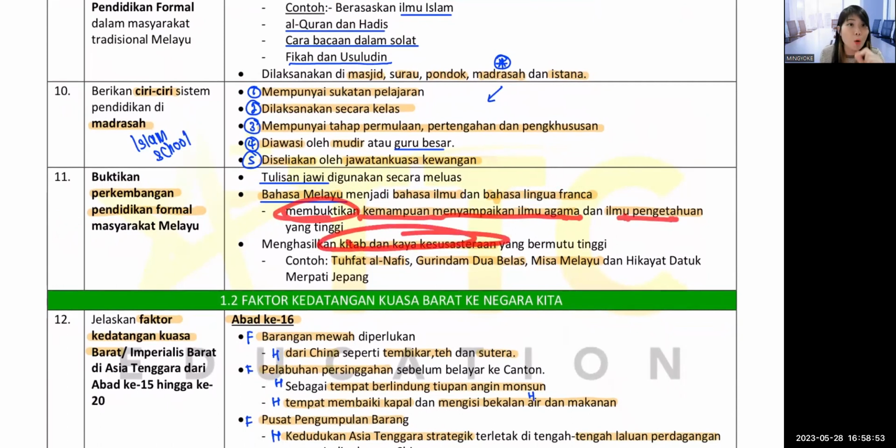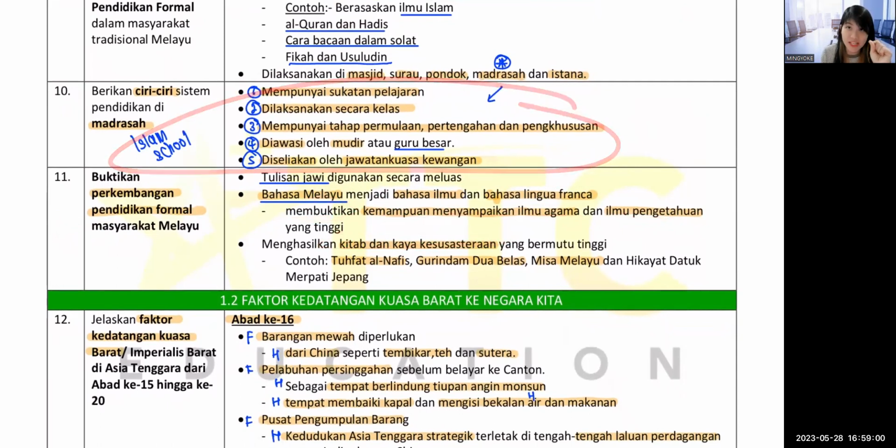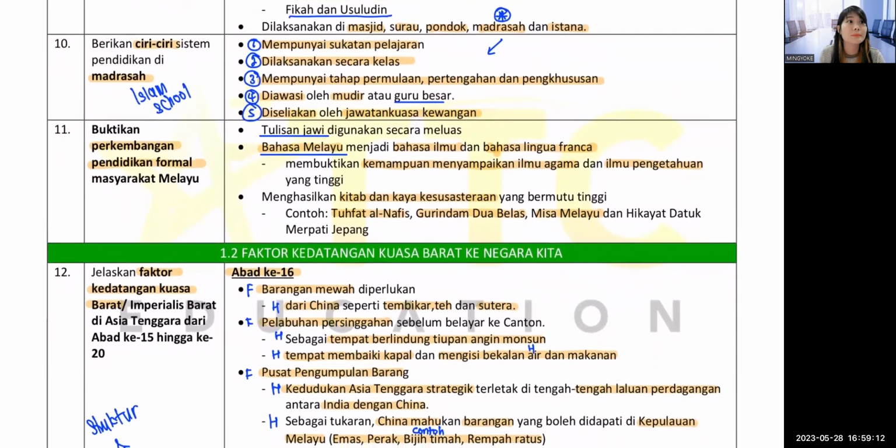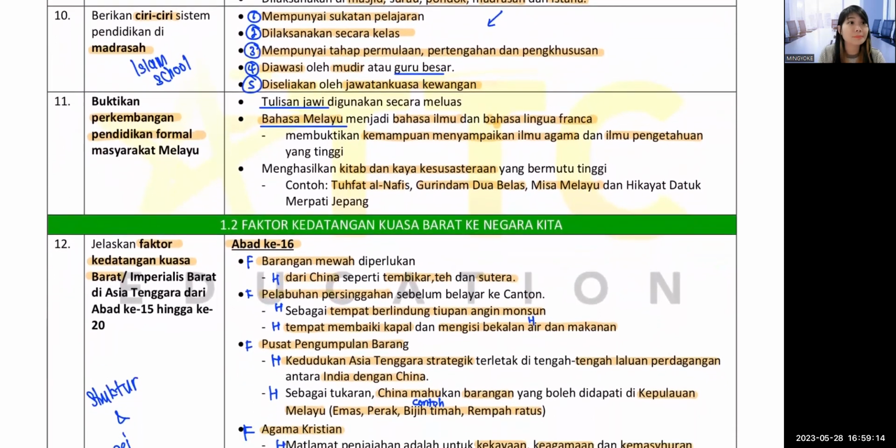Such as, what are the books that they especially talk about in this pendidikan formal? Is Tuhfat al-Nafis, Gurindam 12, Misa Melayu, Hikayat Datuk Merpati Jepang. You need to know, these books' names are quite popular. Yeah, okay?